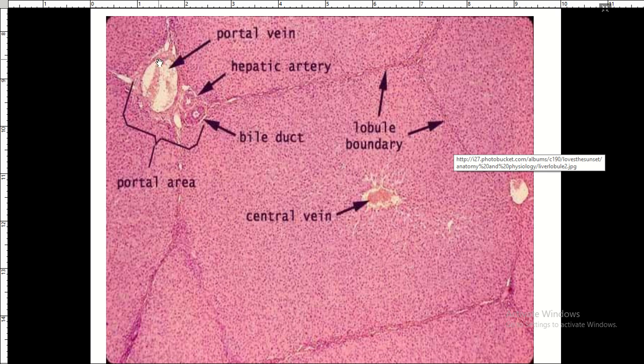This being a vein, portal vein obviously, a portal artery here, and a bile duct. And take note of this, a bile duct is going to be lined by cuboidal to columnar epithelia. That's how you differentiate it. A hepatic artery, obviously, you're going to see the smooth muscle in the tunica media.